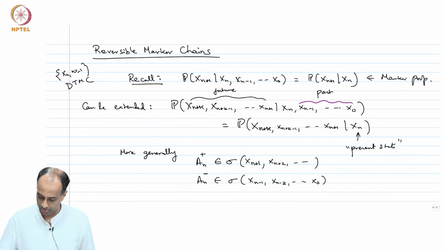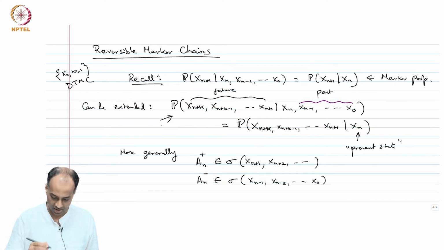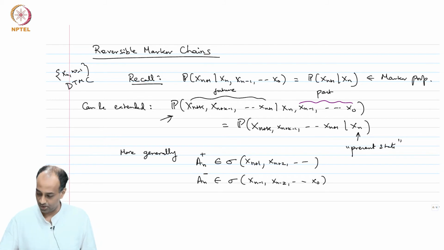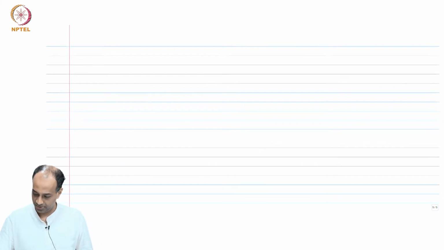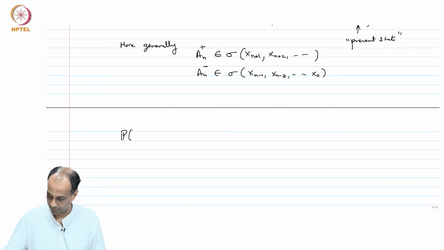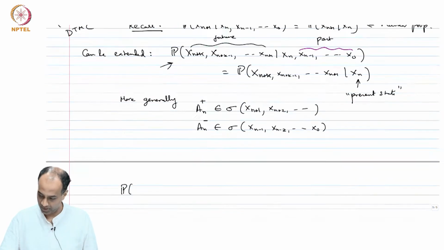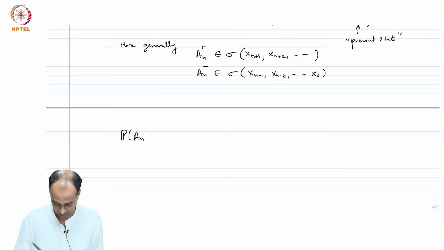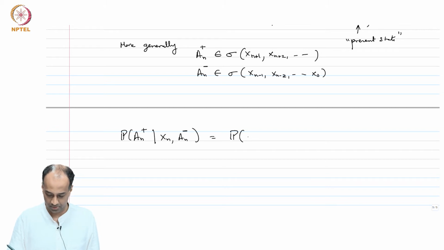If you write the Markov property in this A_n^+, A_n^- notation, you can show that the probability of A_n^+ given X_n and A_n^- is simply equal to the probability of A_n^+ given X_n. Essentially, the past can be thrown out; it only matters where you are presently.